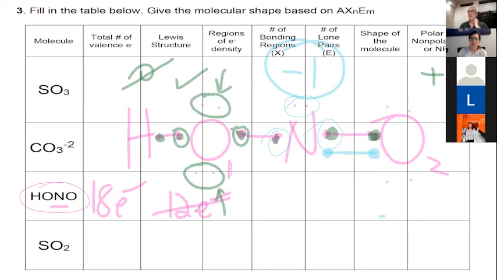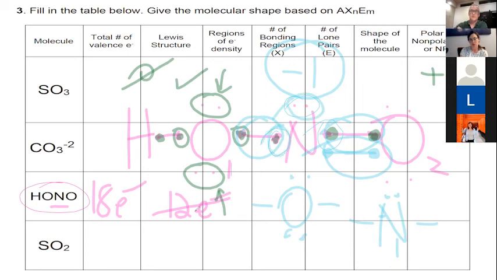And you should always sort of look for this kind of pattern because oxygen, what does it have? It has 2 bonds and 2 lone pairs. What does nitrogen have? Nitrogen has 1 lone pair and 1, 2, 3 bonds. And that's what it has here. So now nitrogen has 1, 2, 3, 4, 5 valence electrons.